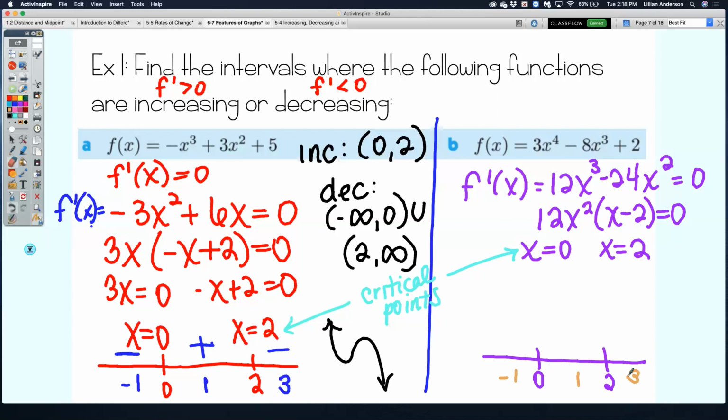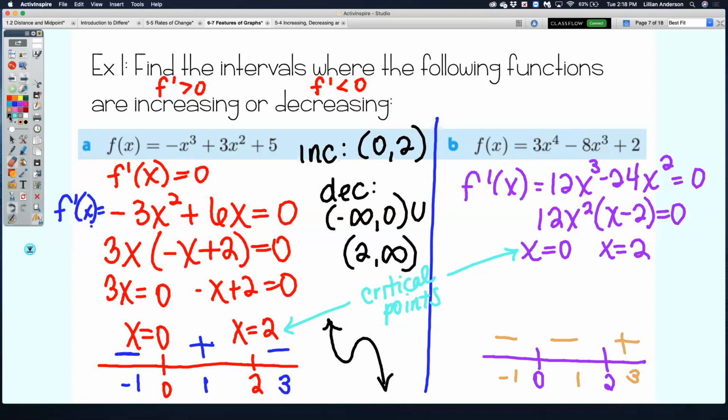What were my signs going from left to right? Negative, negative, positive.